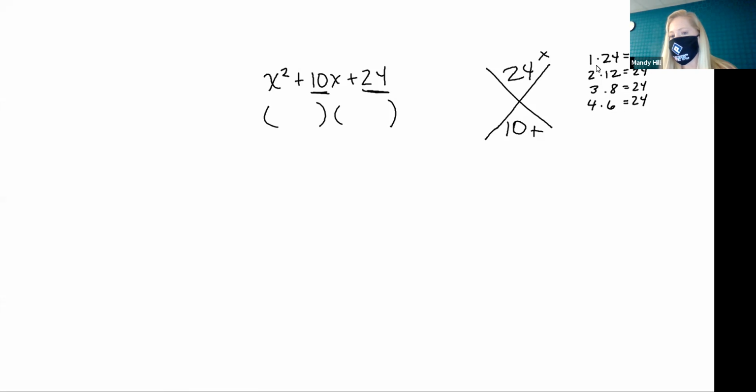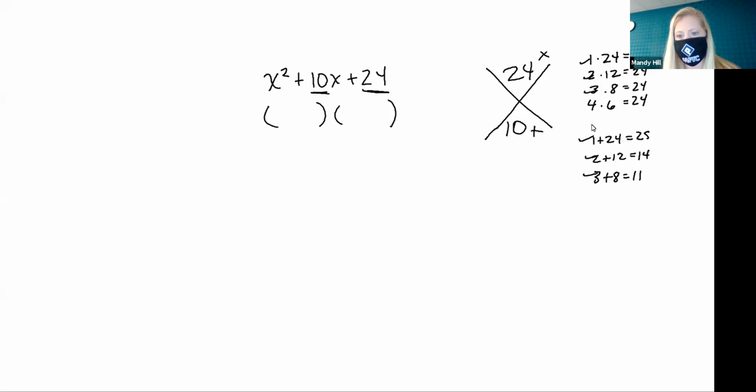So do any of these combinations, 1 and 24, 2 and 12, 3 and 8, 4 and 6, we want to know, do those add to be 10? Well, the first one's 25. 2 plus 12 gets me 14. Well, that's not 10. 3 plus 8 gets me 11.